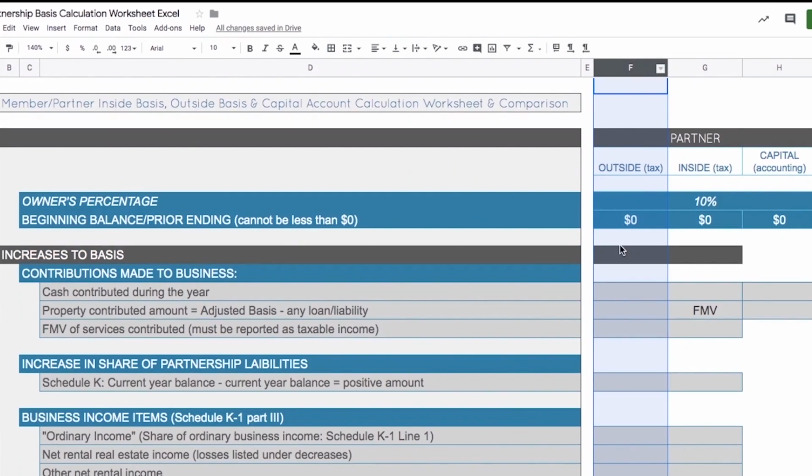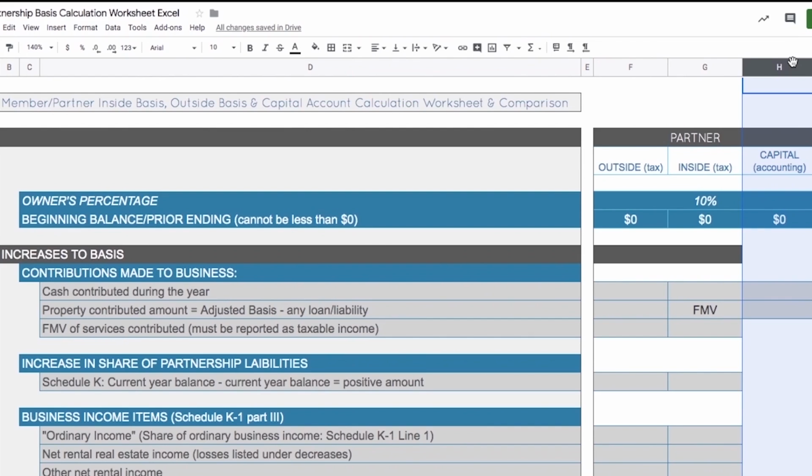So outside basis, this column, is each partner's personal basis, their investment in their share of the business. Inside basis, on the other hand, is essentially the allocation of the value of the business to its partners. And remember, the capital account, alternatively, is just based on the accounting records and is primarily based on contributions and withdrawals.